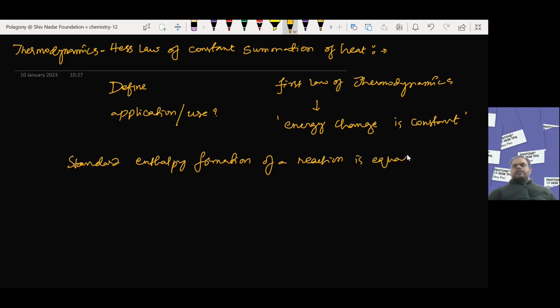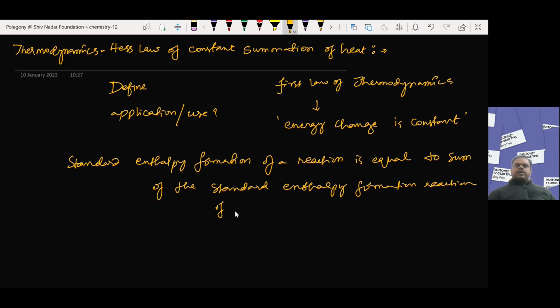the standard enthalpy formation of a reaction is equal to the sum of the standard enthalpy formation of the reaction, if the reaction takes place in several steps.